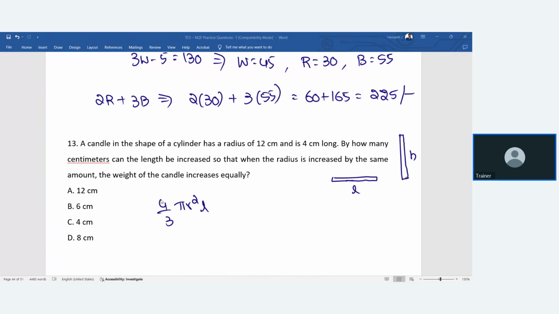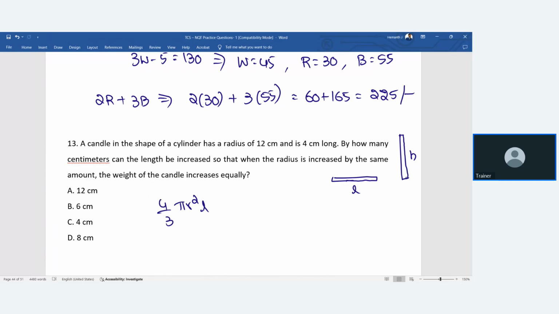So in the question, they given volume. Weight means here like volume must be equal, right? If length increases, and radius increases by the same amount, both should be equal.